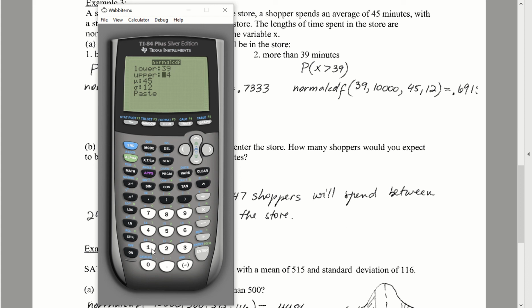The upper bound would be positive infinity, so 1E99. Mean of 45, standard deviation of 12. Go ahead and hit enter, and we would get to 4 decimal places, 0.6915.